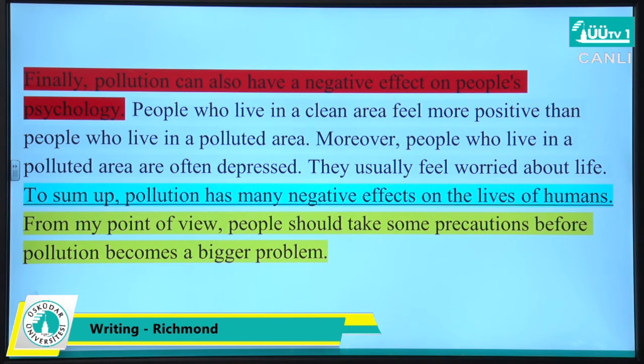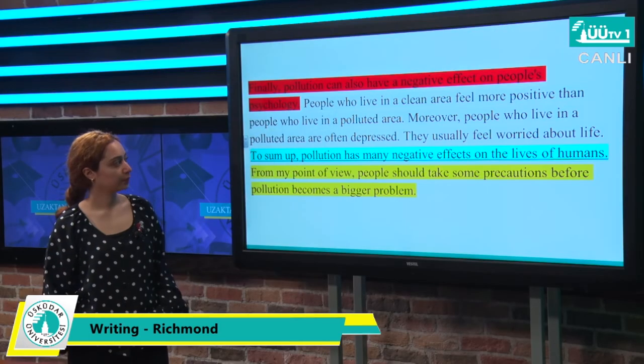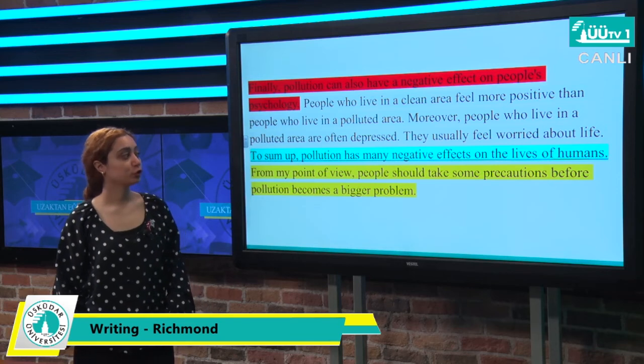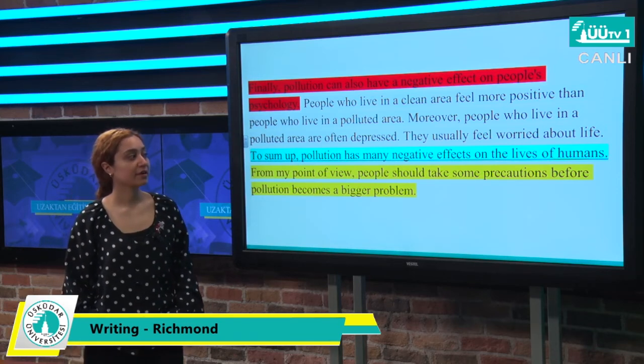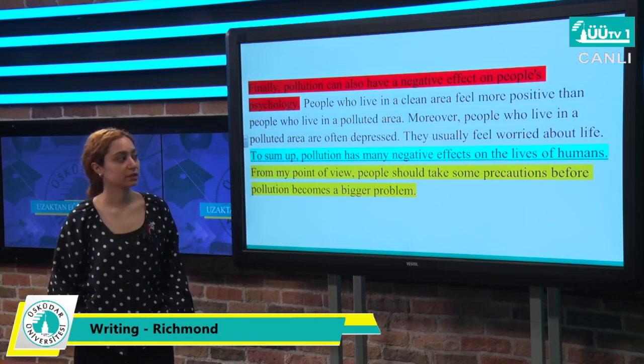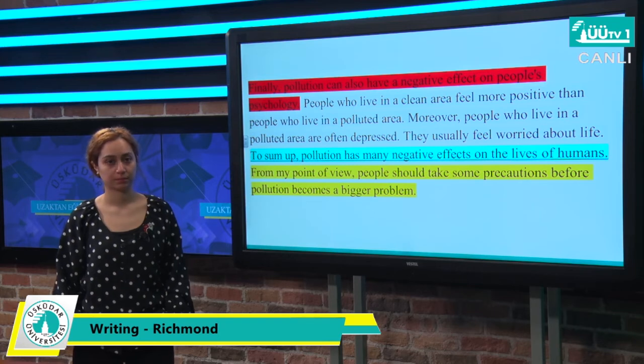So after giving the details, we have our concluding sentence. But starting a concluding sentence, we need to use a signal word. So what we used here is to sum up. We started with to sum up, and we said pollution has many negative effects on the lives of humans.